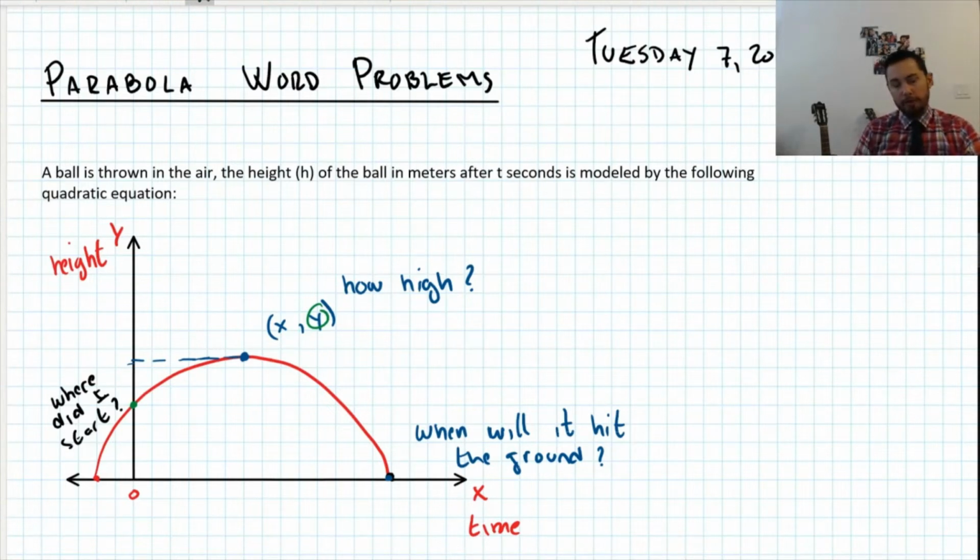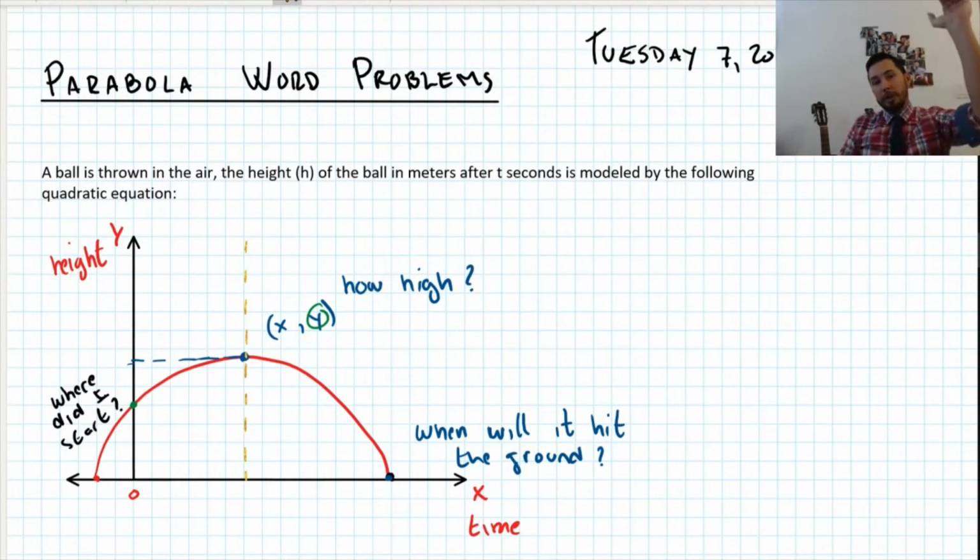Well, now I addressed what the y in the vertex did. I haven't talked about the x. So the x of the vertex is my axis of symmetry, and we've seen this before. There's an invisible line here that splits my parabola in two equal sides. My x in the vertex tells me when I reached my peak, so when I was at my highest.